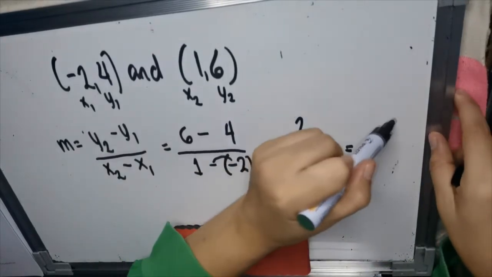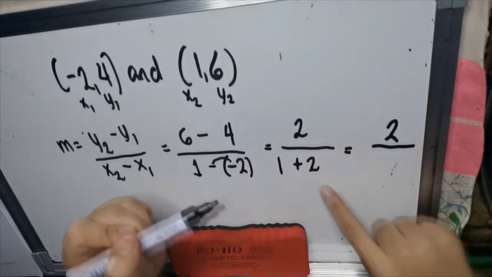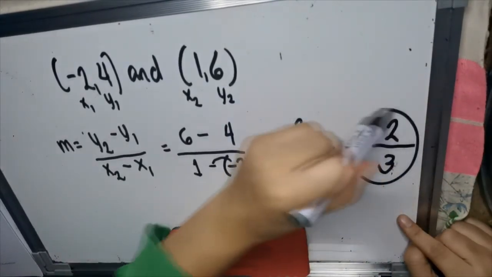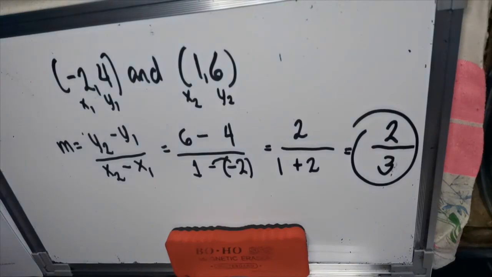So that will be 1 plus 2, 3. So that is how we are going to compute for the slope.